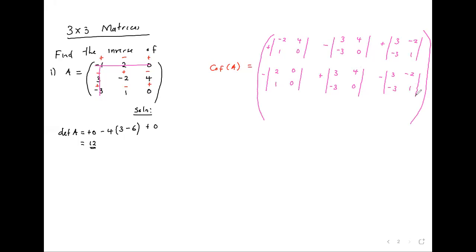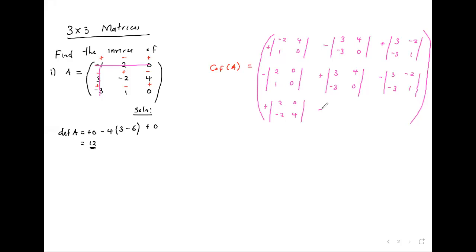And then plus, take away 3 and this guy, you remain with 2, -2, 0, 4.